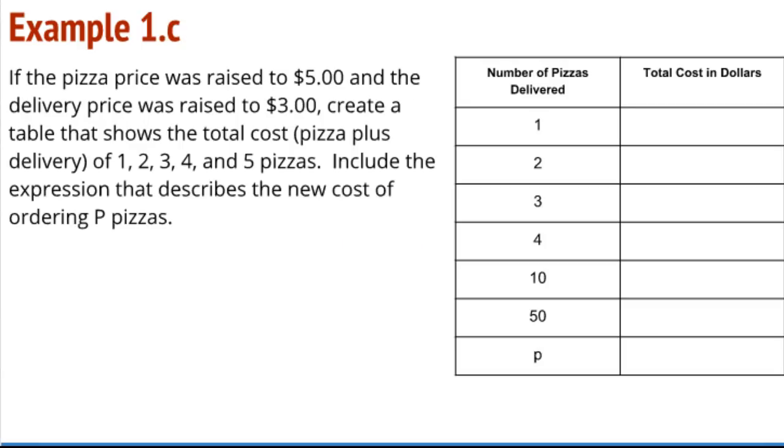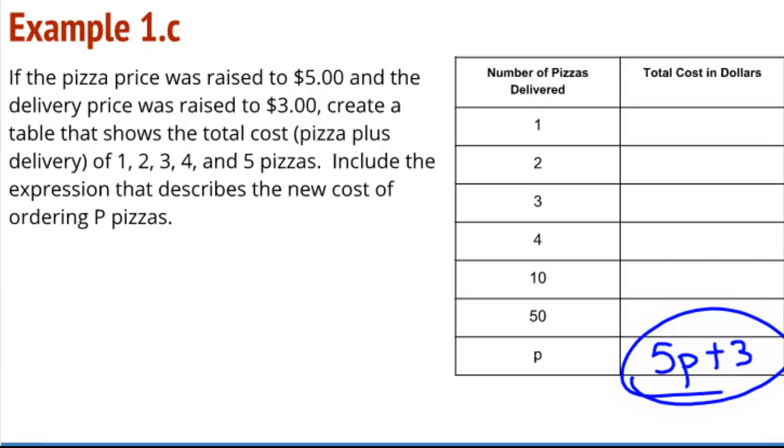If the pizza price is raised to $5 and the delivery price is raised to $3, create a table that shows the total cost of 1, 2, 3, 4, and 5 pizzas, and include the expression. Well, I know that I'm going to be adding a constant 3, and I'm going to take 5 and multiply it by the number of pizzas. So there is my expression. I'll let you do some of the maths there to figure it out.